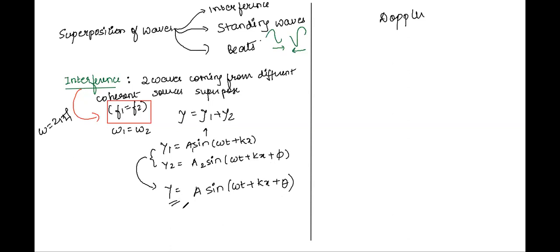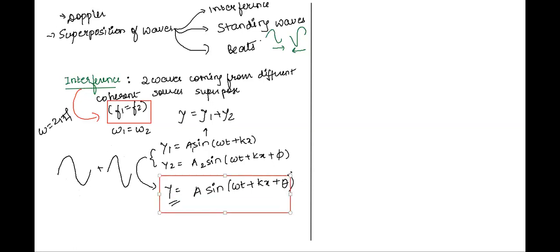There are two waves, we add them, and they should have the same frequency, very important. Now this gives us a new wave. This is the equation of a new wave.